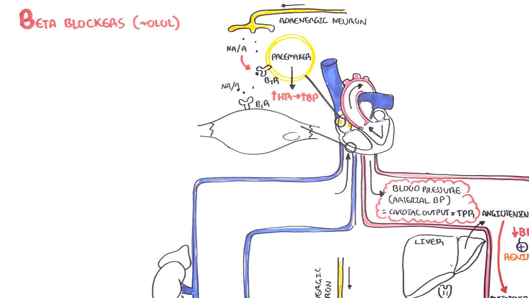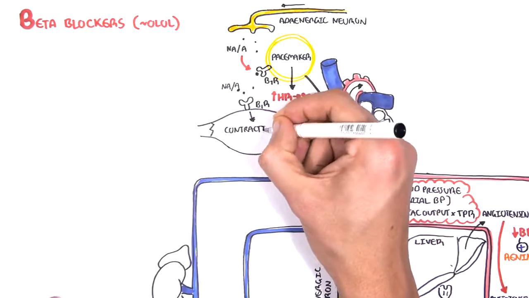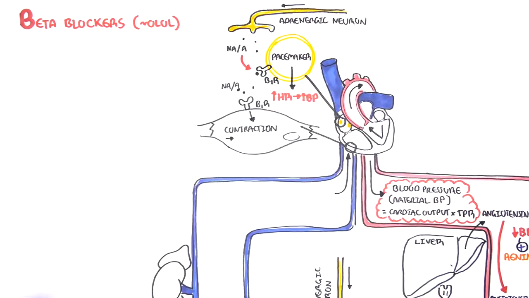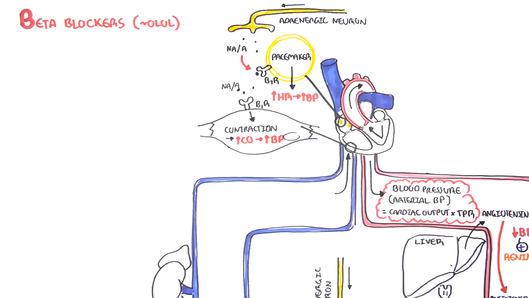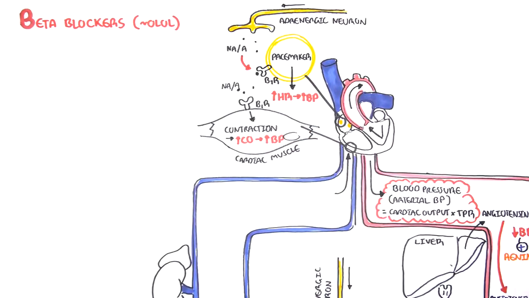So noradrenaline and adrenaline released by adrenergic cells, the sympathetic nervous system, can stimulate the beta 1 receptors of the cardiac muscle cells, which will cause the cardiac muscle cells to contract stronger. To be exact, it will lead to a more powerful contraction. With a more powerful contraction, the heart is able to increase cardiac output. And because you're increasing cardiac output, you will increase blood pressure.